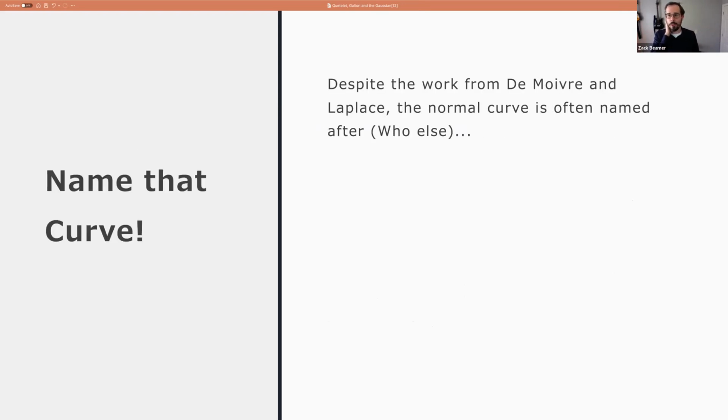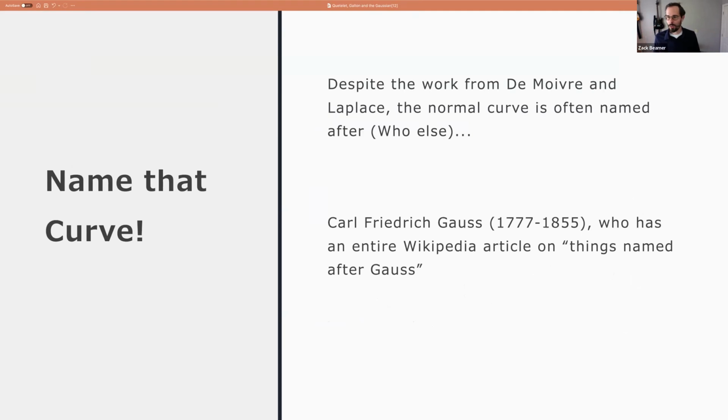But if we're thinking about names of the normal curve, we call it the normal curve, we call it the bell curve, but this actually also has a name after a famous mathematician. And it's named after, of course, someone who already has way too many things named after him, good old Carl Friedrich Gauss.